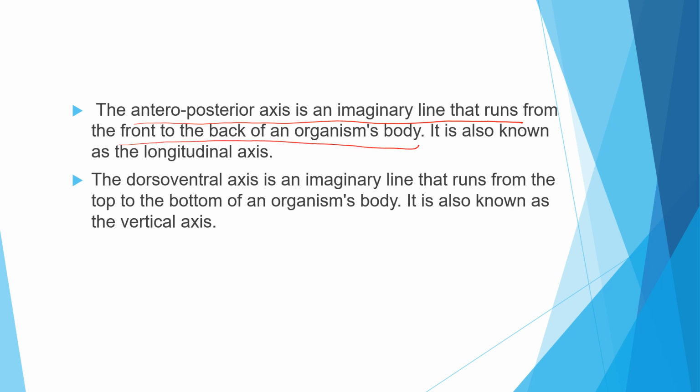The front part is the anterior part and the back part is the posterior part. It is also known as the longitudinal axis. The dorsoventral axis is an imaginary line that runs from the top to the bottom of an organism, and it is also known as the vertical axis. Is it clear?